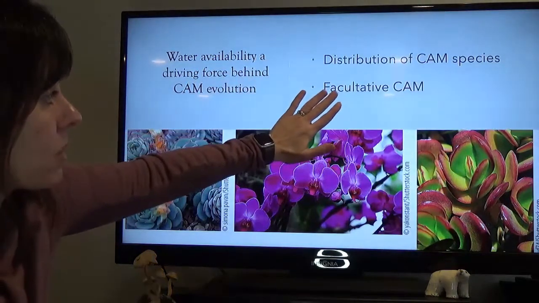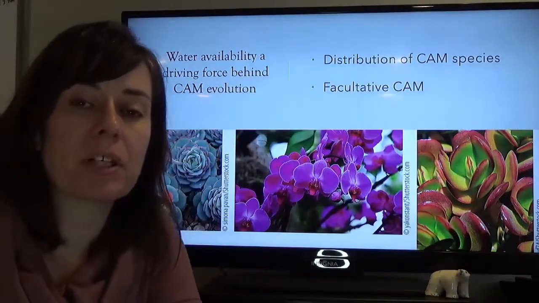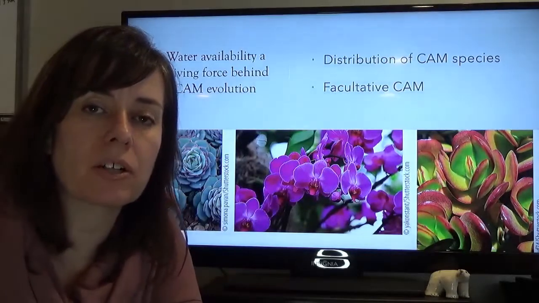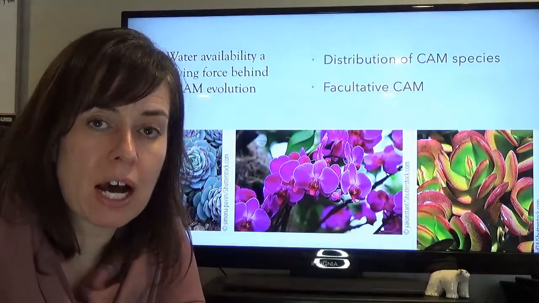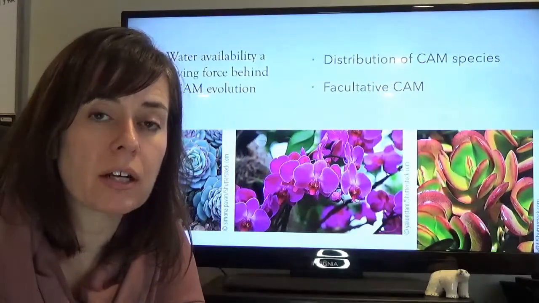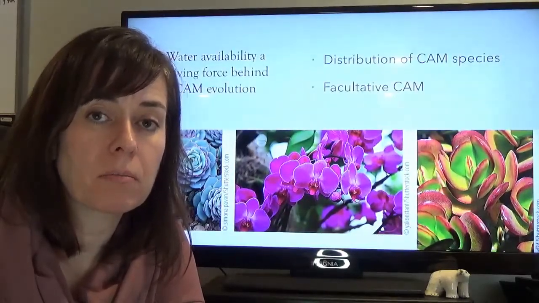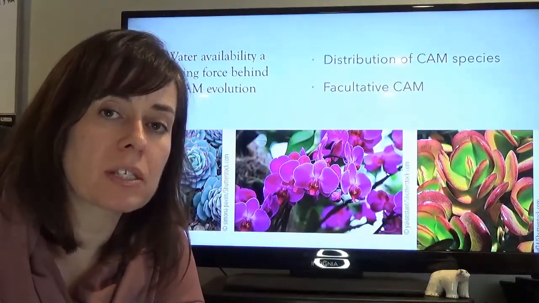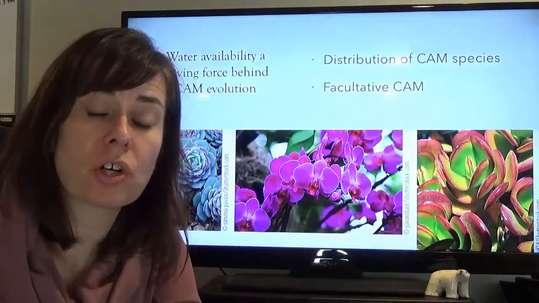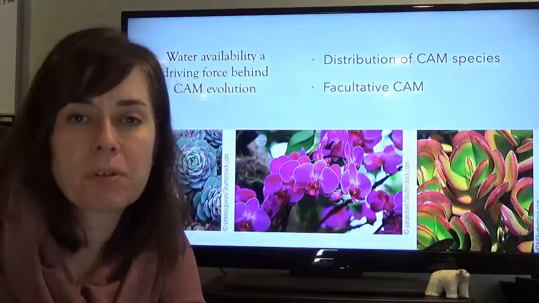But also, we see this ability for some species to be facultative in their use of CAM photosynthesis. So when it's dry and they need to really conserve water, they can operate the CAM pathway. When there's sufficient moisture, they can shift back to a C3 photosynthetic pathway. So their structure, unlike C4 plants, is pretty much the same as a C3 plant.